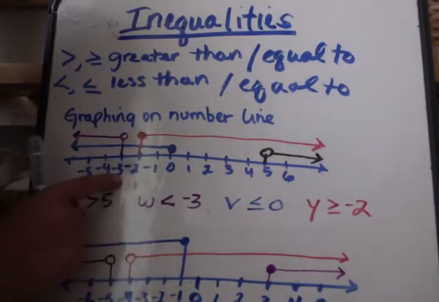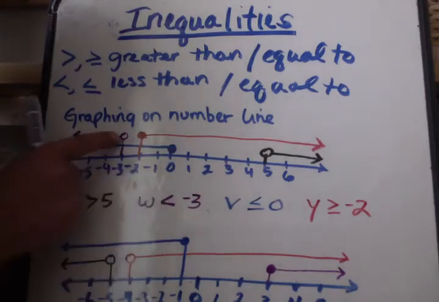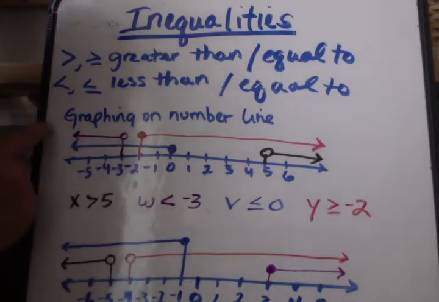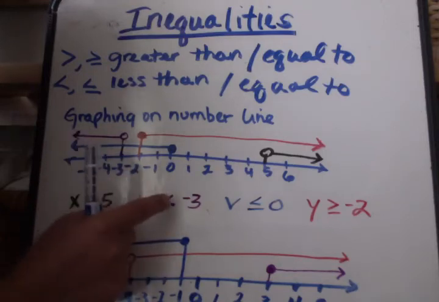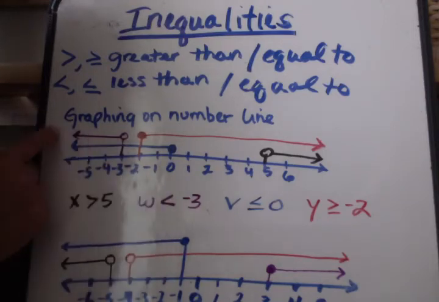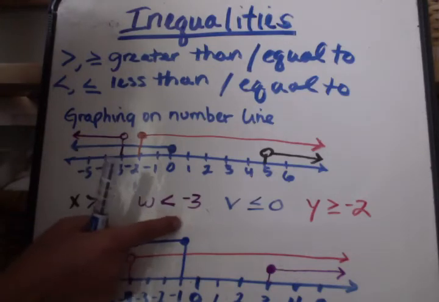So let's go to -3, open circle, there's no equal sign. And again, it's less than -3. So -4, -5 are less than -3, and so on. Anything to the right of -3, like -2, -1, would be greater than -3, and we don't want those. So all these numbers would make this inequality true.